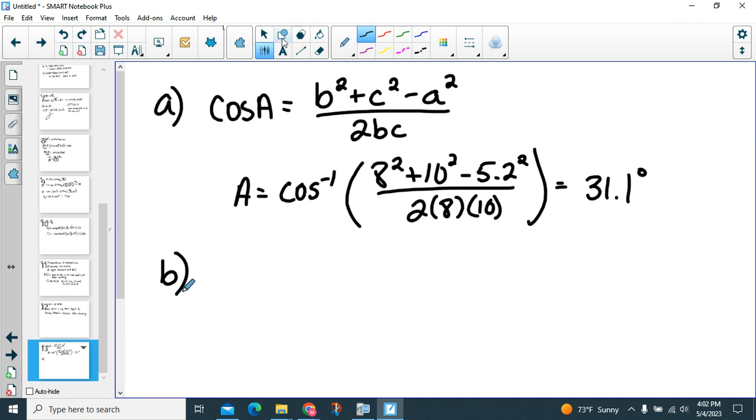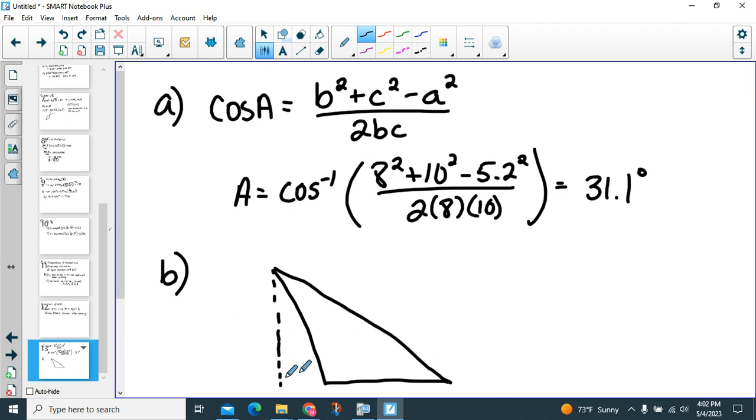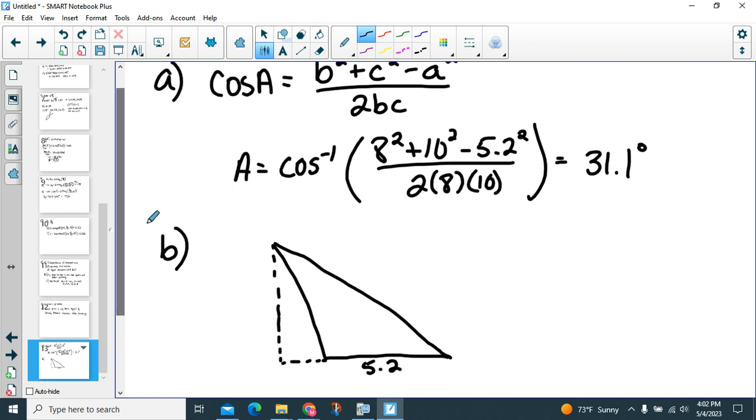Okay, so the original triangle looked something like this, but we now want to use this right triangle here. They tell us this is 5.2, and then they tell us here that this is 1.2, and we know this is 10.